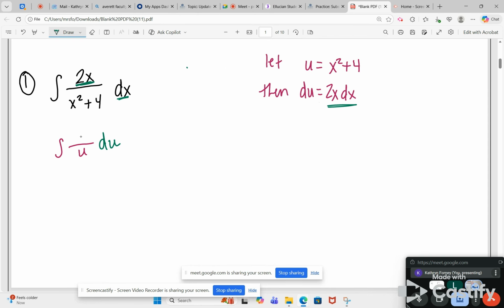And I can't leave this empty, so I just put a 1 there, because the 2x and the dx went away, because 2x dx is du.